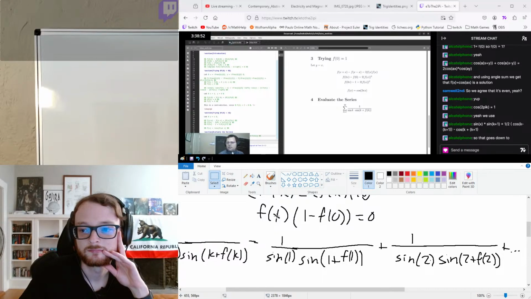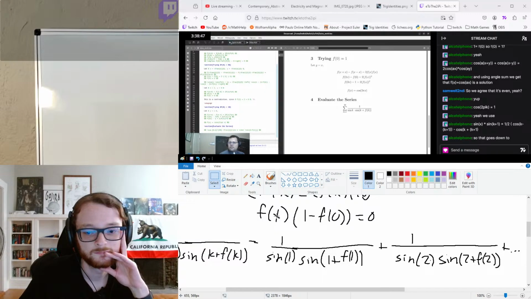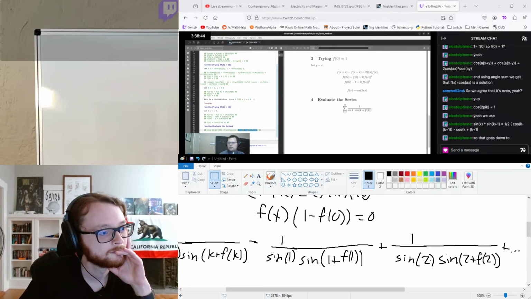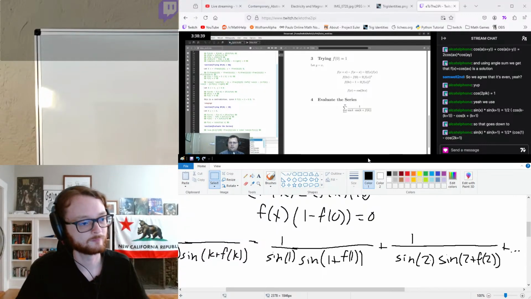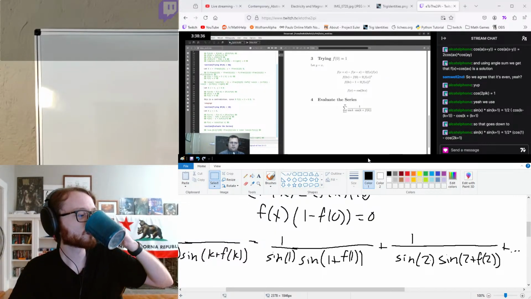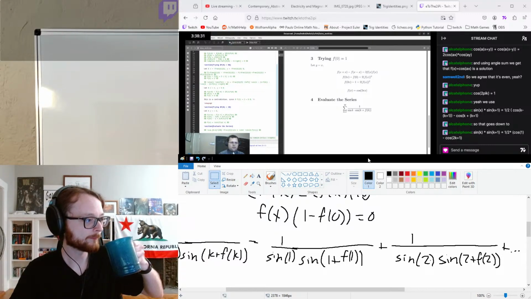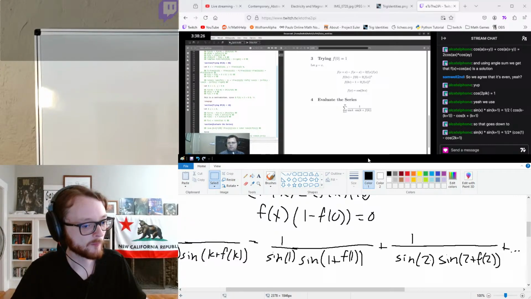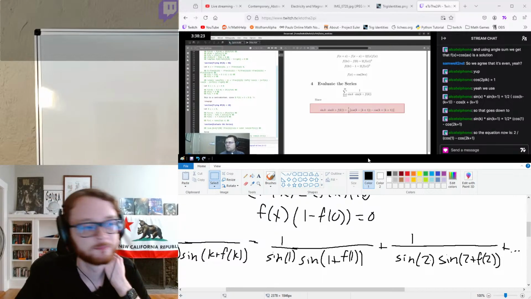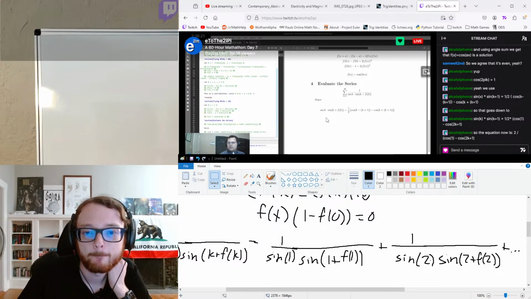Since this denominator is equal to the fraction of 1/2, right, cosine of k minus k plus 1 minus cosine of k plus 1. That means that series is this stuff.